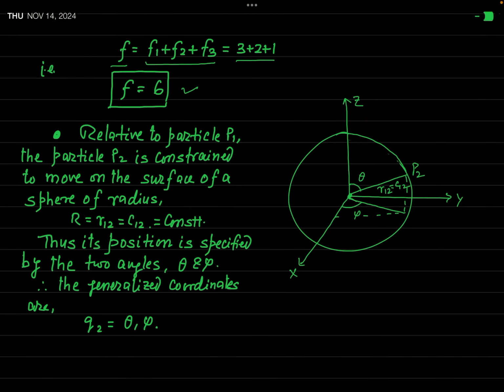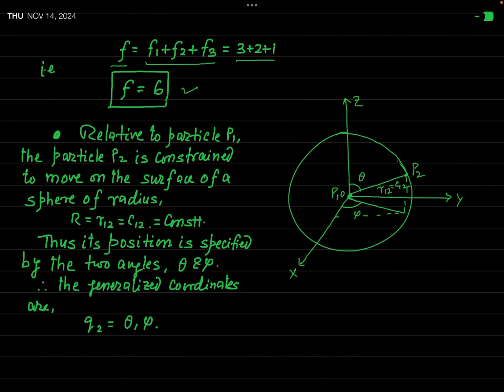Now let us try to think about it. First of all, let us consider the motion of particle P2 relative to P1. If we talk about the motion of particle P2 relative to P1, we simply consider P1 located at the origin.